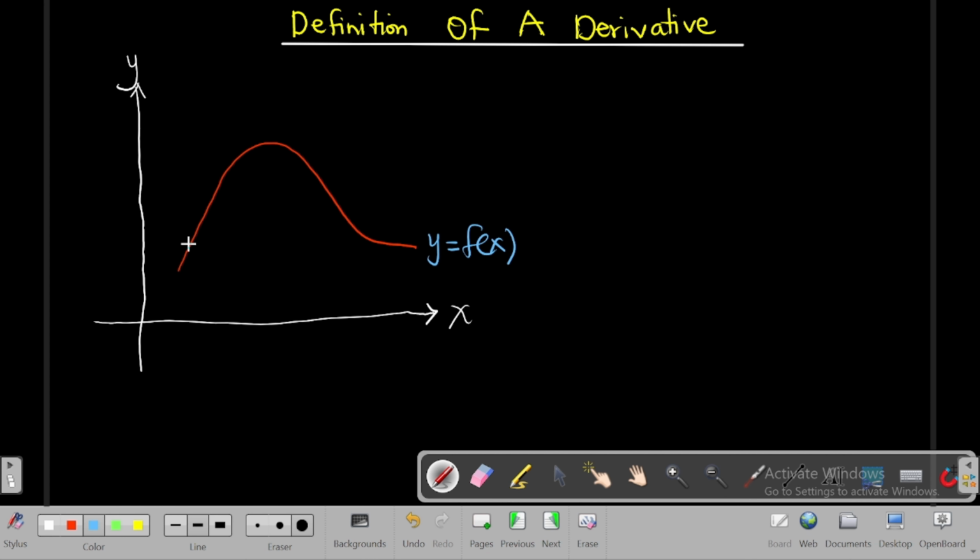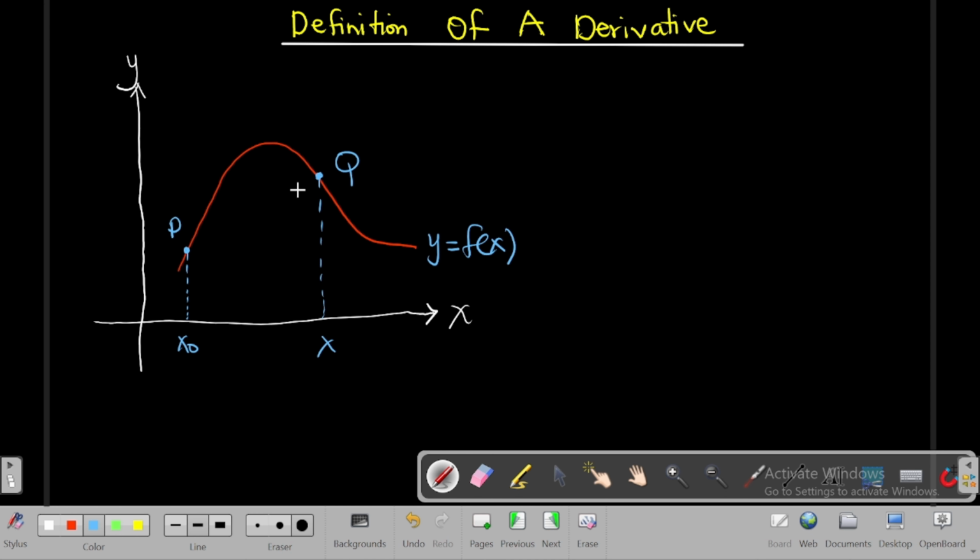Now let's locate 2 points on the curve. See this point and this point. Let's name this point P and this point Q. Now on the x-axis, we'll have a value for each point. Let's say this value is x naught, and for this point, let's say this is x. Same applies on the y-axis, we'll also have a value.